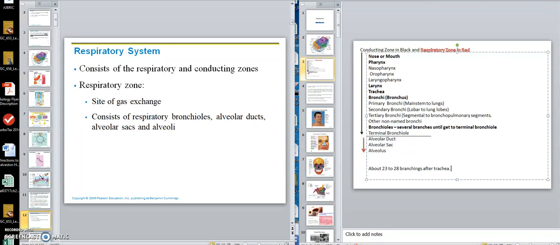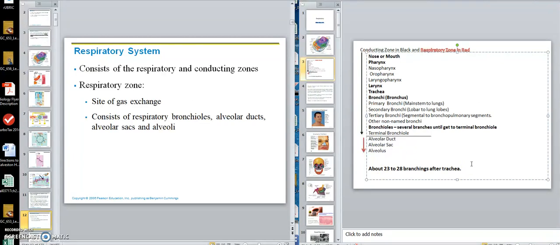Depending on which author you read, we have about 23 to 28 branchings. Now you say, what does that mean? That means after the trachea, the tree starts to branch. Some will say 23 times, some will say up to 28, in order to increase surface area.